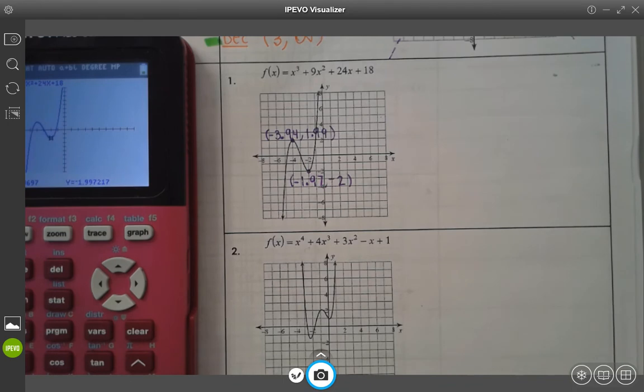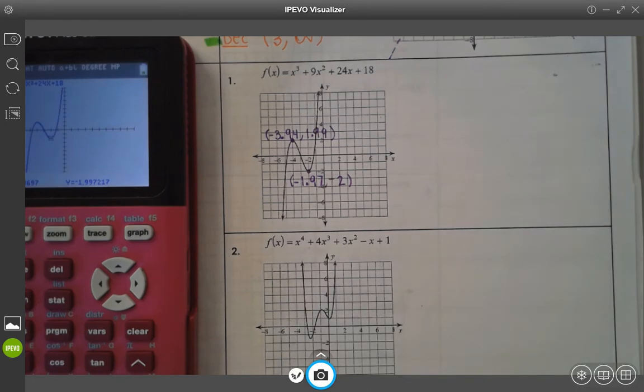And then I want you to take your colored pencil and mark all of the increasing and decreasing intervals. So just trace over where it's increasing and decreasing.